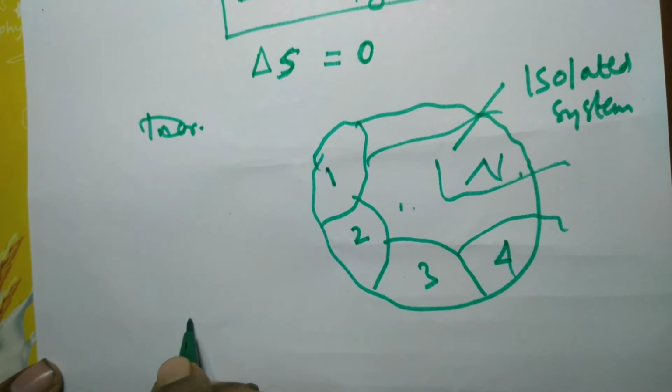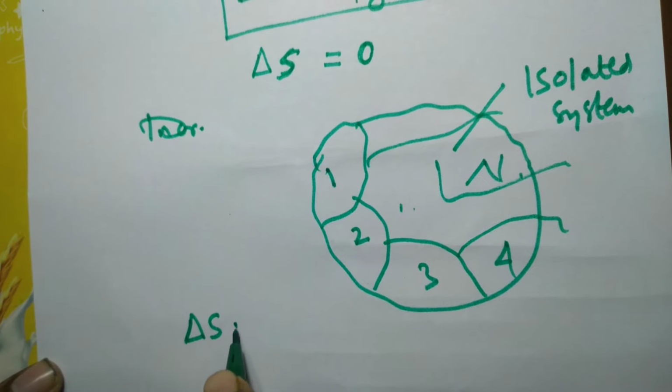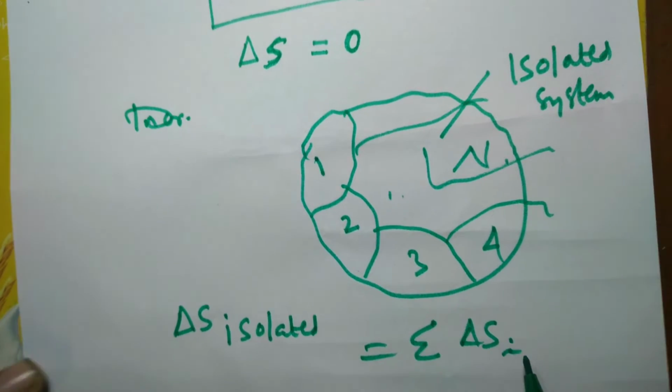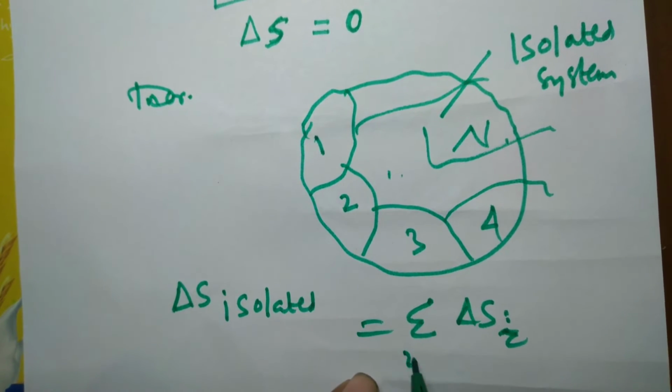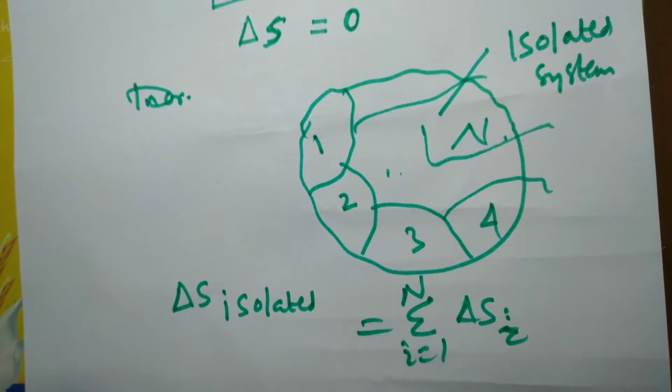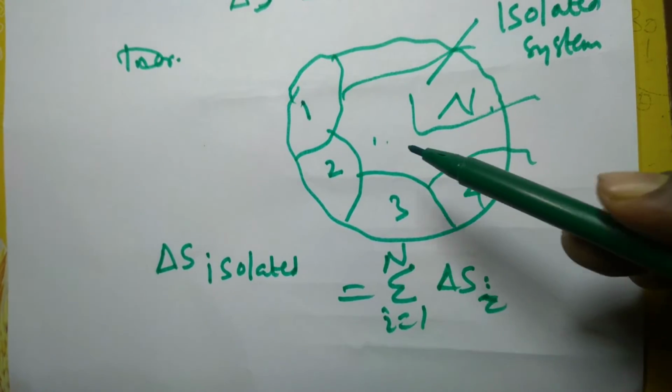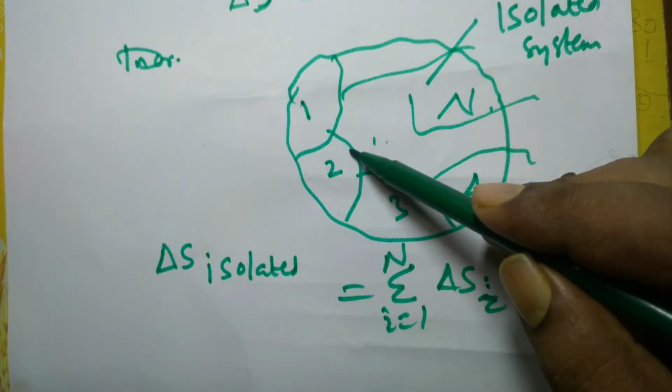So delta S isolated will be nothing but the summation of delta S i, because entropy is an extensive property. It depends upon the size or extent of the system.